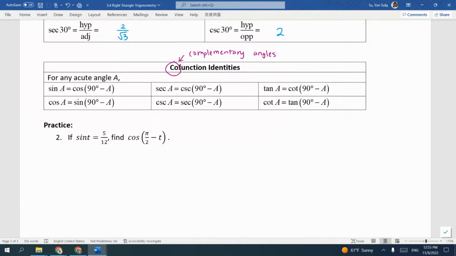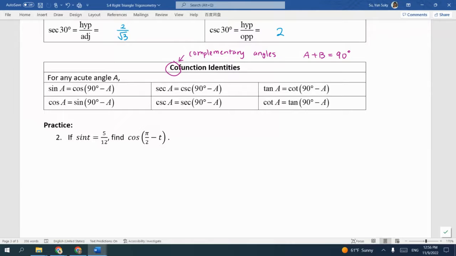Remember, two angles are complementary if the sum of them equals 90 degrees. Do you remember that? Supplementary is when the sum equals 180 degrees.